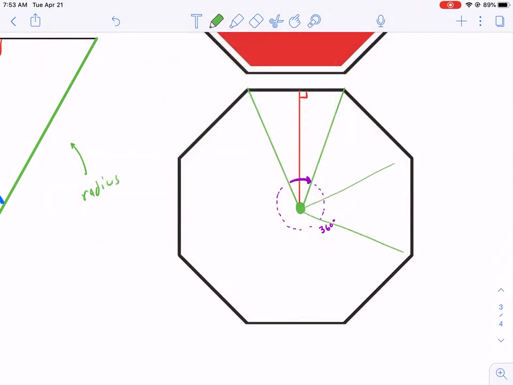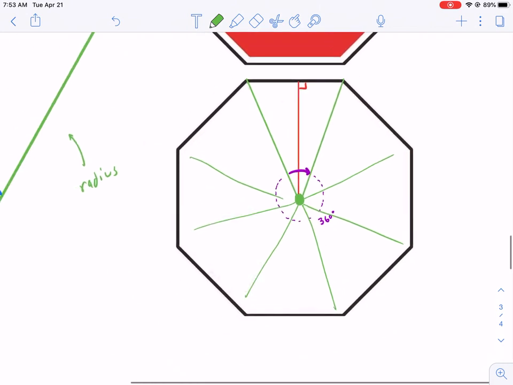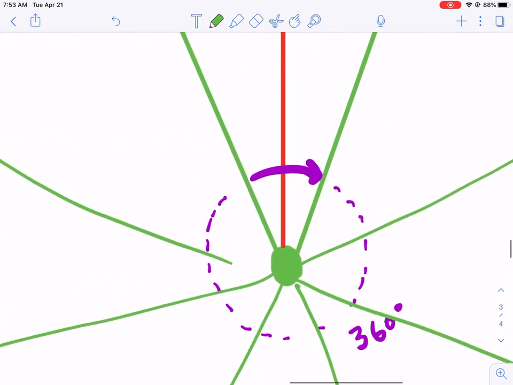So if I continue drawing some triangles here, how many triangles do you expect I'll have? In this case, we have 8 triangles. So we can find the measure of one of these central angles, that's what I have in purple here, by doing 360 divided by 8. So let's go ahead and do that.